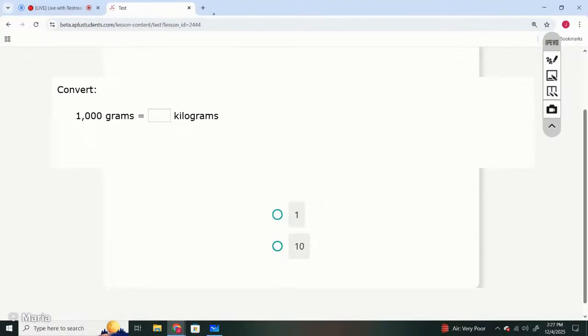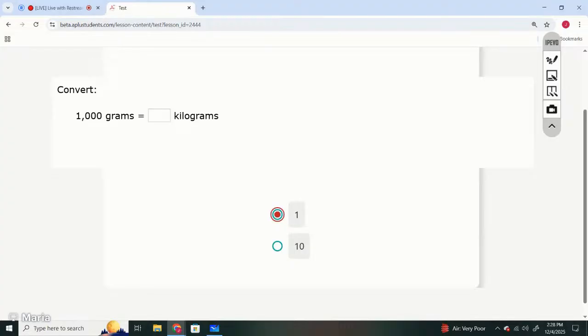1000 grams equal how many kilograms? 1000 grams equal 1 kilogram.